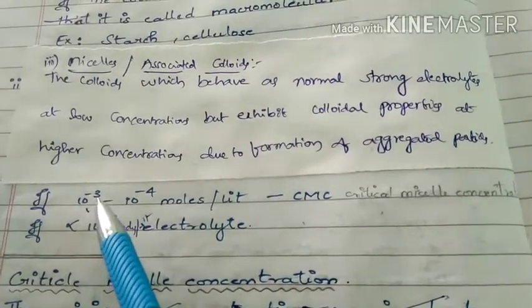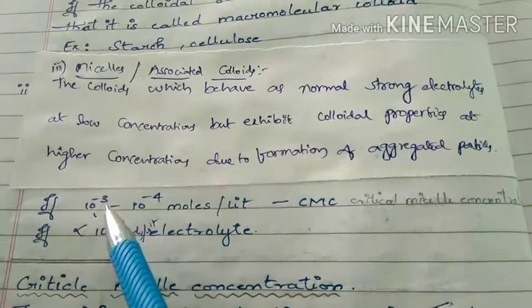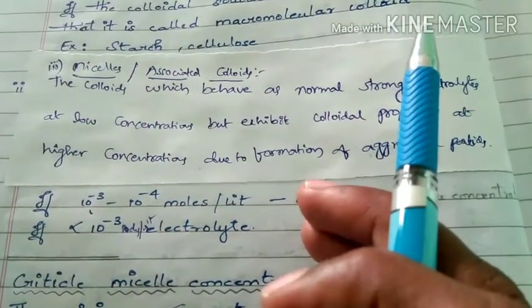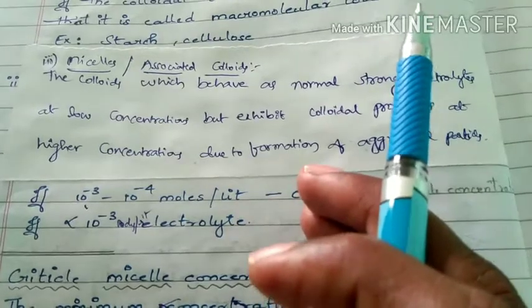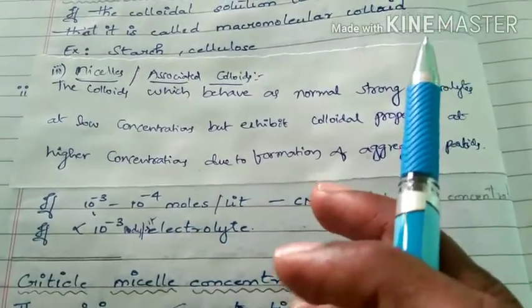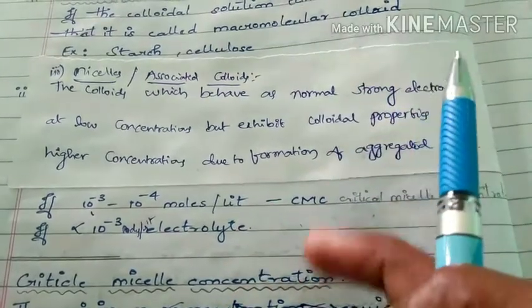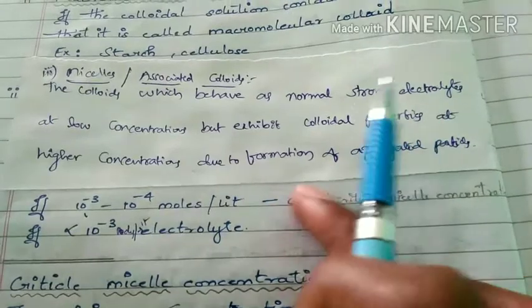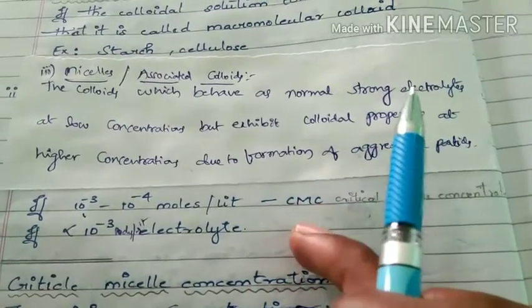If more number of molecules are present, all molecules come close to each other. That means they become aggregate. Aggregate means association group. Then a bigger size colloidal particle is formed. Then that size is how much?